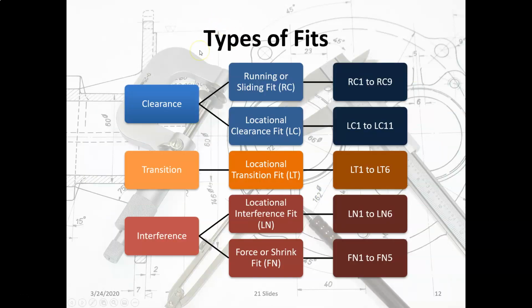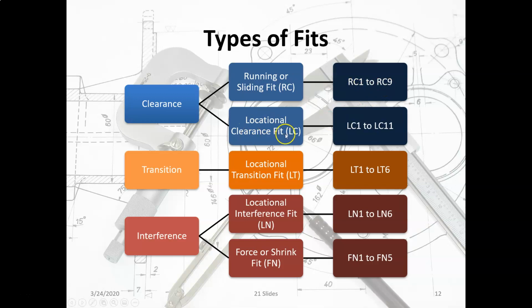All right, so in inch fits, standard inch fits, we talked about the three different conditions: clearance, transition, and interference. They have two types of clearance fits: a running or sliding fit, and a locational clearance fit. The running or sliding fit is symbolized by RC, and it ranges from RC1 to RC9.